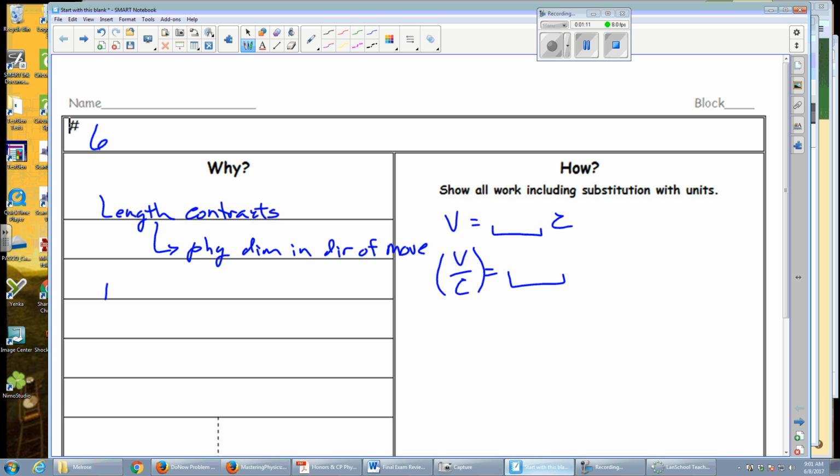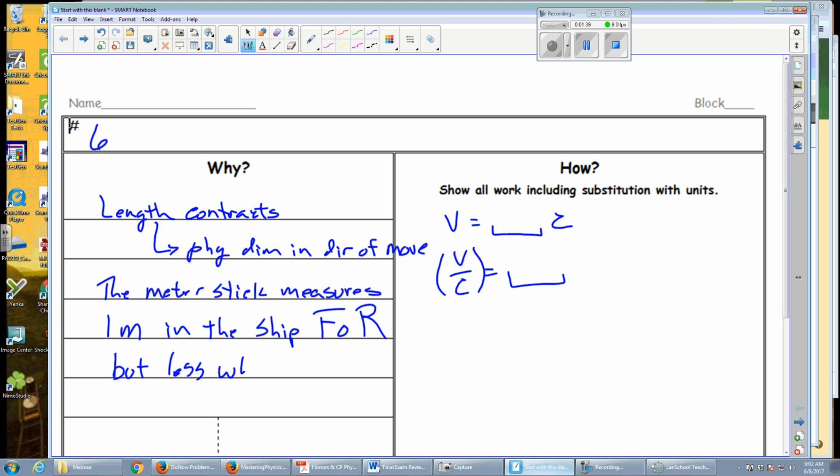In this case, the meter stick measures 1 meter in the ship's frame of reference, but less when observed from the Earth frame of reference.